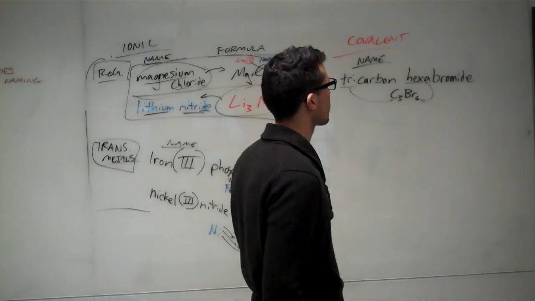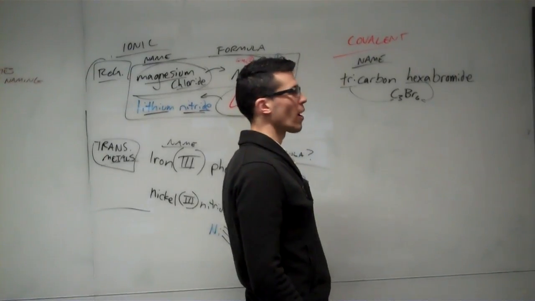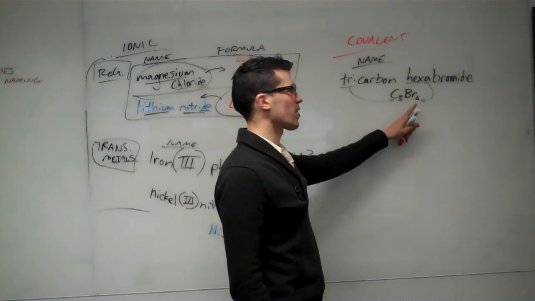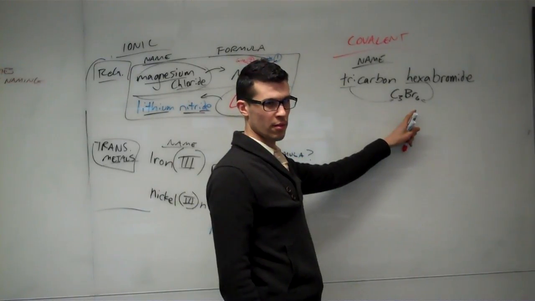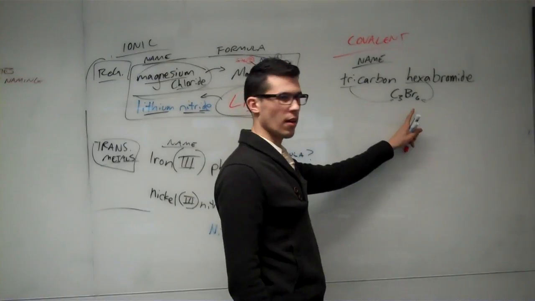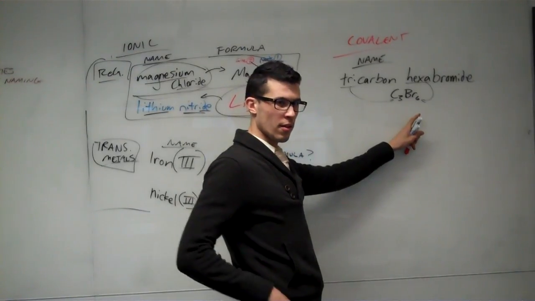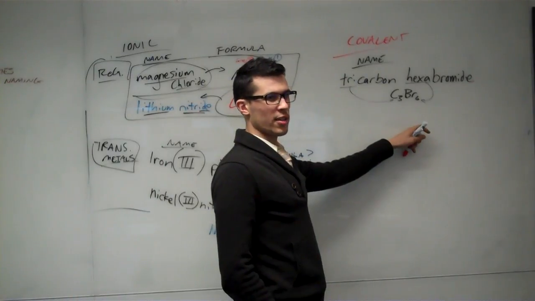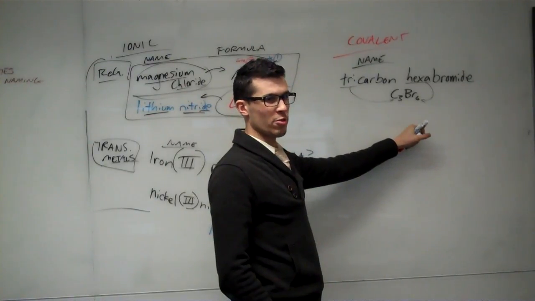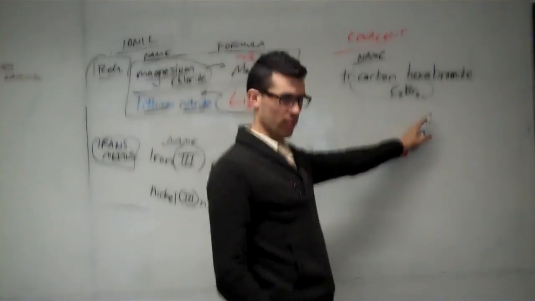You could say, name this correctly. If you had 4 bromides and 3 carbons and it didn't work out, you'd have to add a carbon. I wouldn't ask a question like that because people would get way too confused.